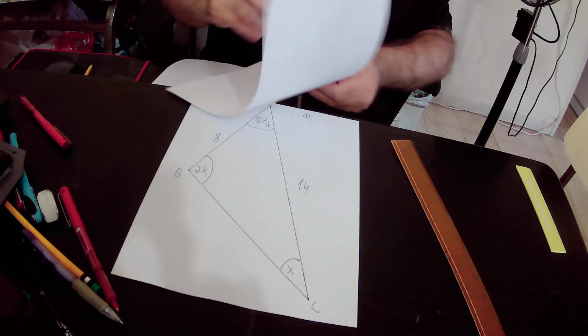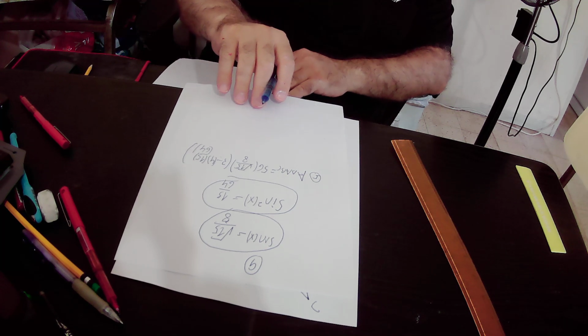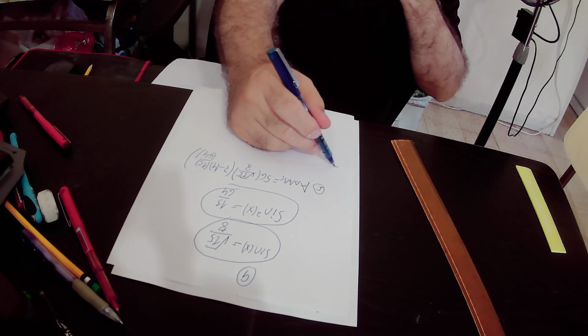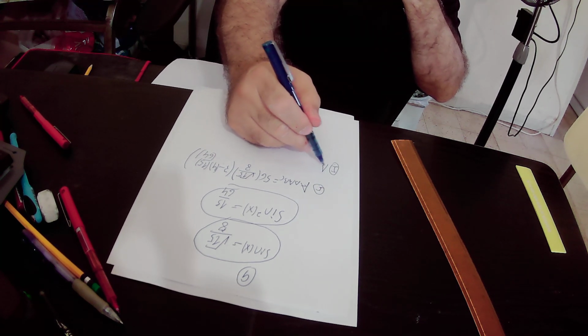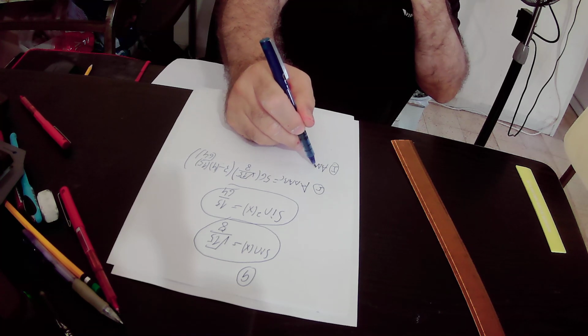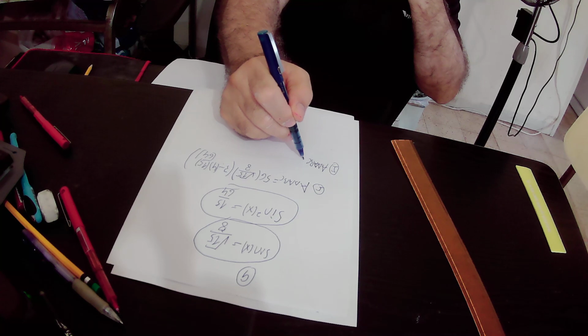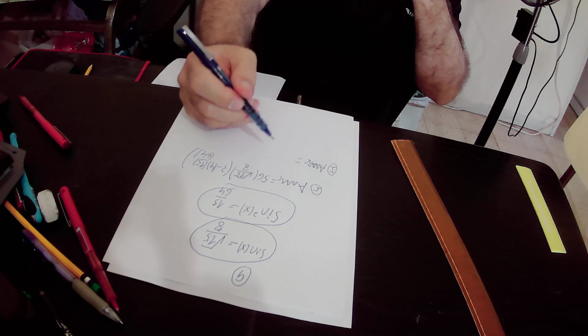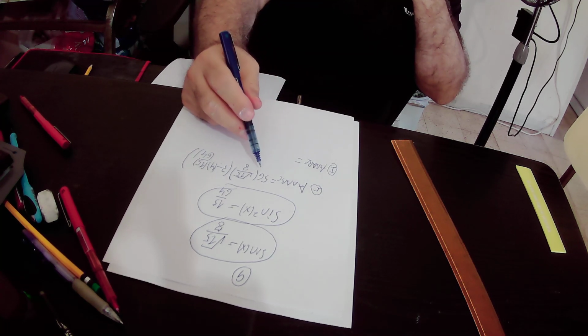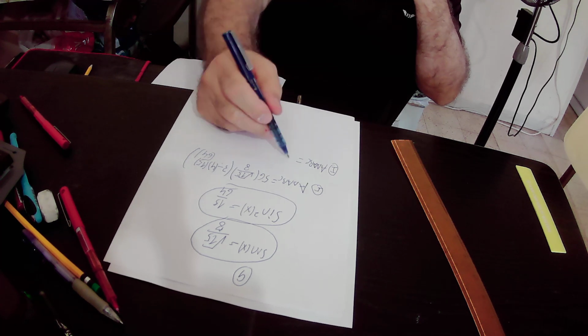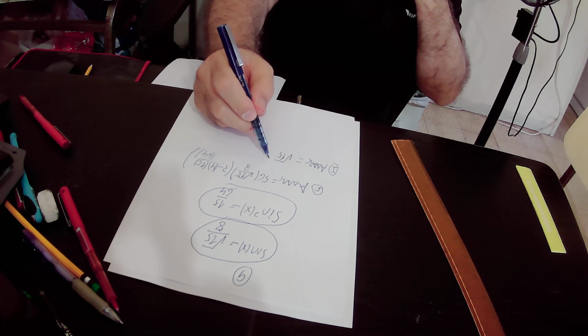So I write it down. We get that the area of triangle ABC equals 56 over 8, which is 7, so it is root 15 times 7.